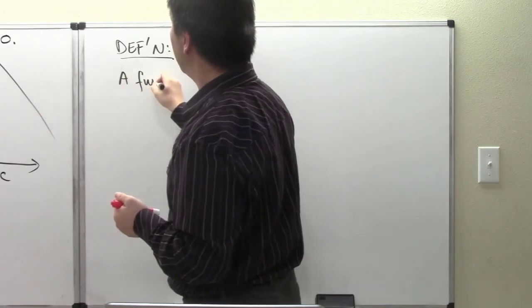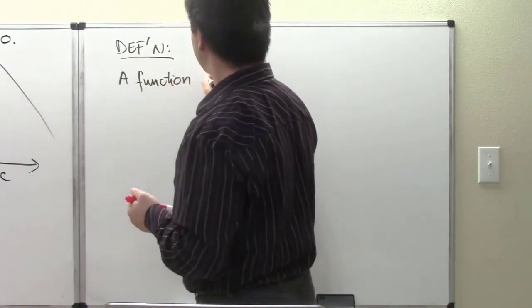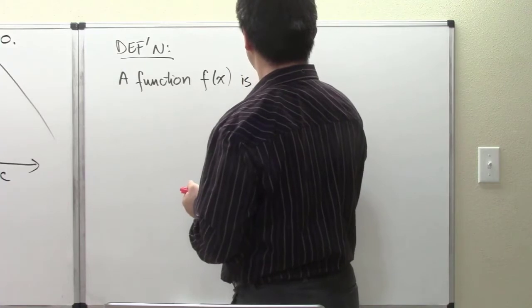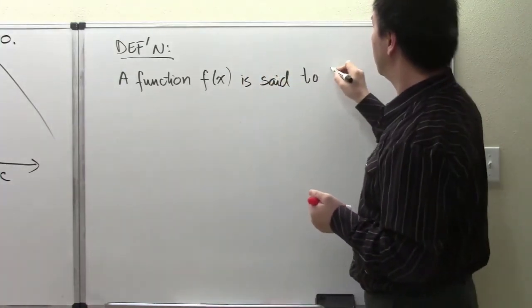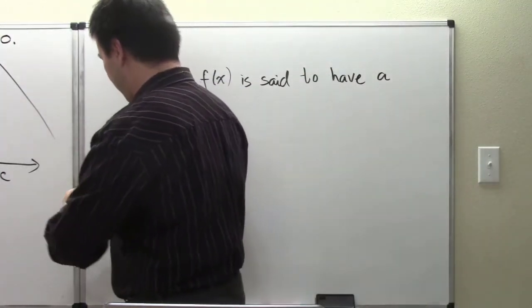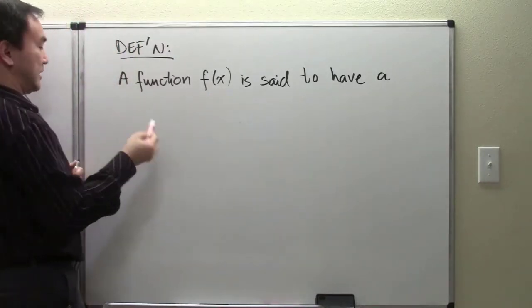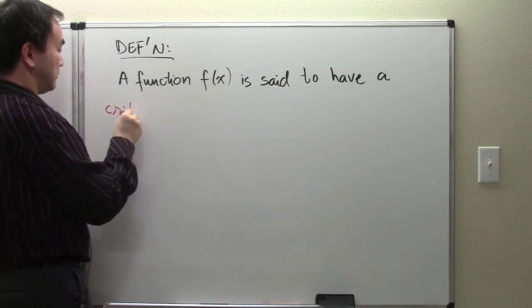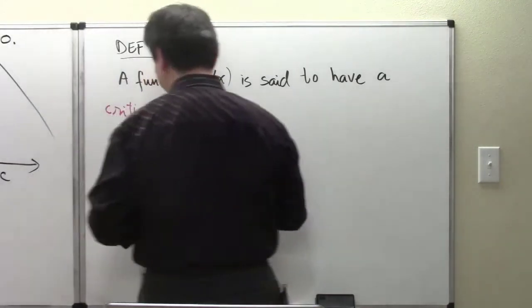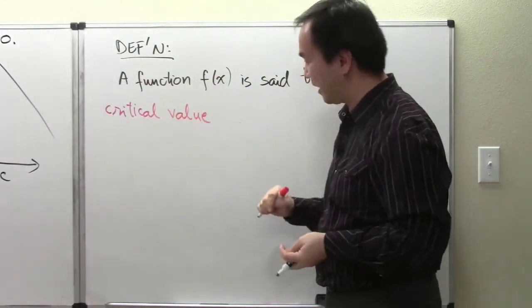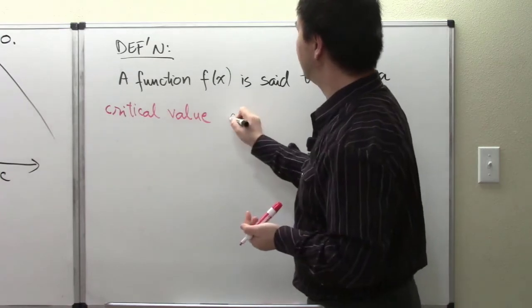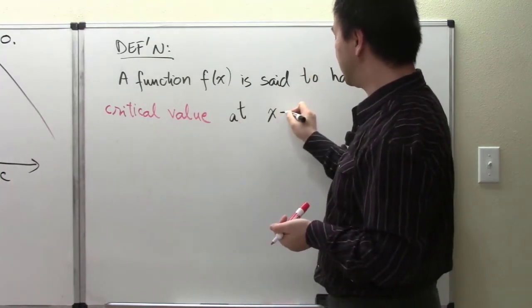A function f of x is said to have a critical value, I shouldn't use the plural because here we're defining just one, at some value x equals c.